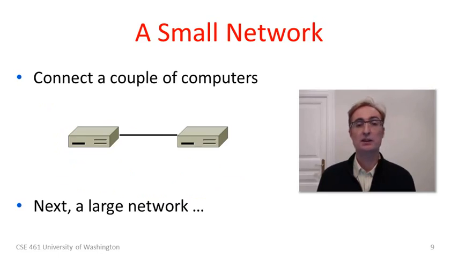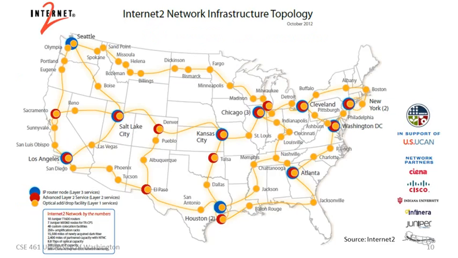The components we've seen can be used to construct all manner of networks. Here's a small network: just take 2 nodes and connect them together and you're done. Here's a larger network. This figure shows the topology of the Internet 2 network. Internet 2 is a large network that's used in the US for educational and research purposes.